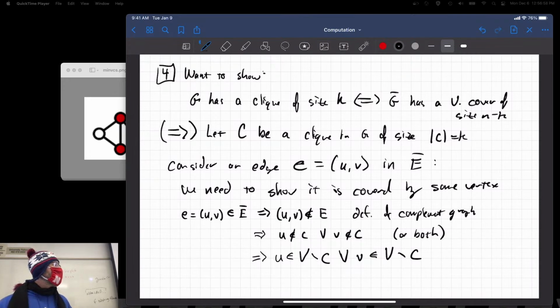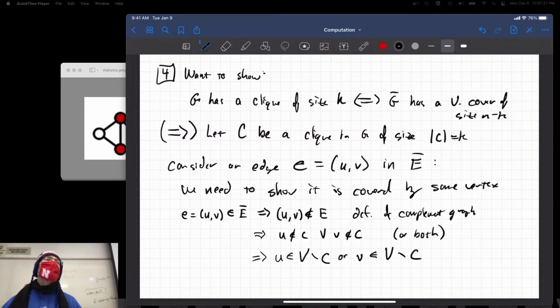Do you see that? This is just the set of all vertices, and then take out your clique. Then either U must be in that, or V must be in that. Oh, so the second V is an or. I'll go ahead and change this to or. There we go. Right? And then these are all V's.